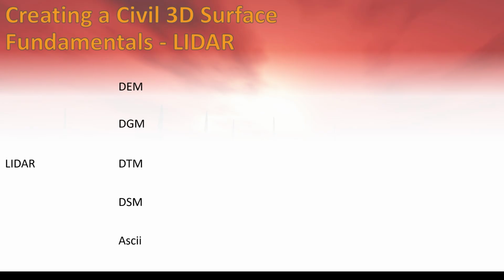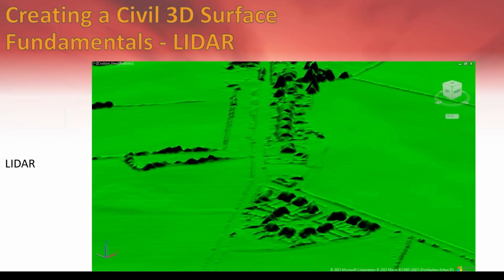And they can represent different things though. For example, a DTM, a digital terrain model, and a DSM, a digital surface model, highlighted here, are different in that the DSM contains everything on the Earth's surface, houses, trees, parked cars, everything, whereas a DTM has these all stripped out and only shows the land.